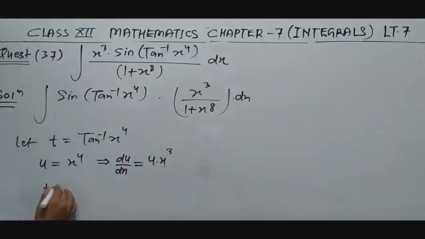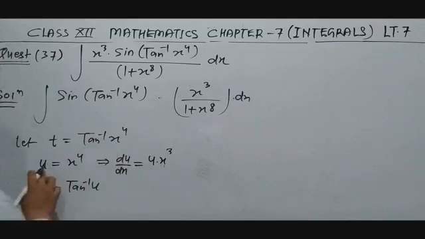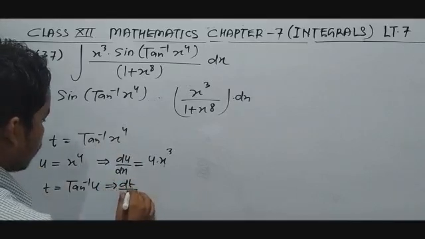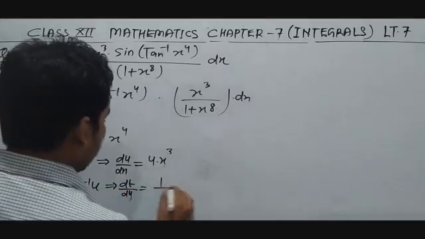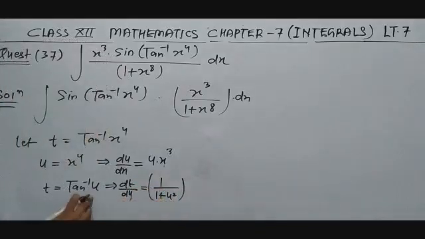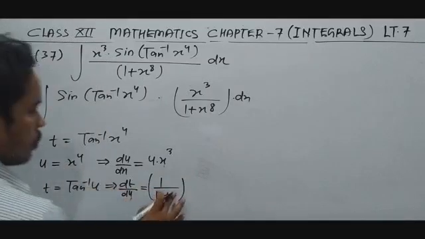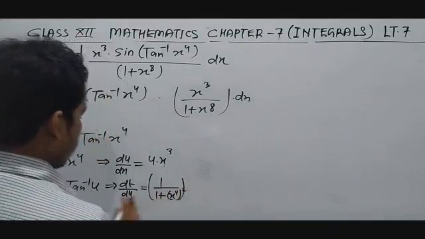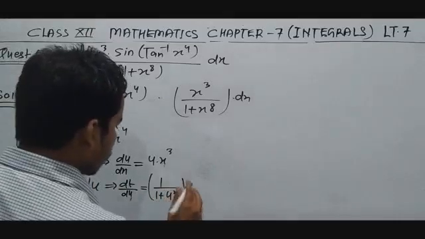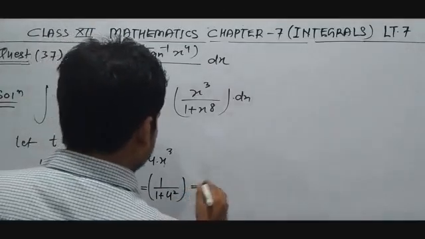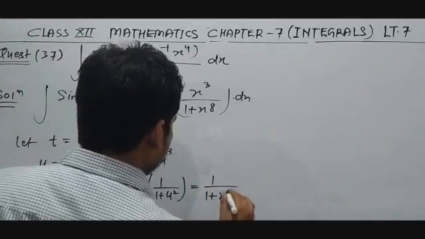Now t result is tan inverse u, because I have considered u is equal to x to the power 4, and its differentiation dt by du with respect to u will be 1 upon 1 plus u square, and u square means x to the power 4 to the whole power 2, so the answer will be 1 upon 1 plus x to the power 8.